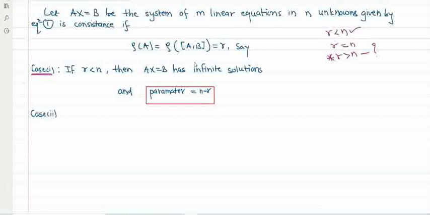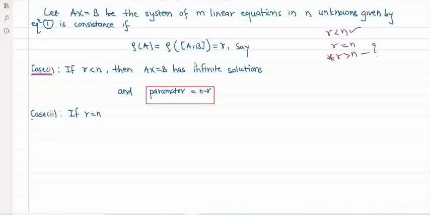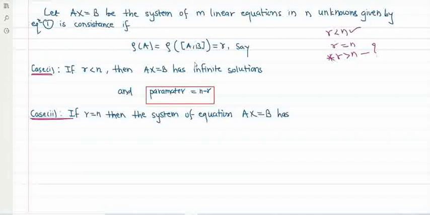Case number 2. If R is equal to n, means rank is equal to the number of unknowns, in that case the system of equations represented by Ax equal to B has a unique solution.